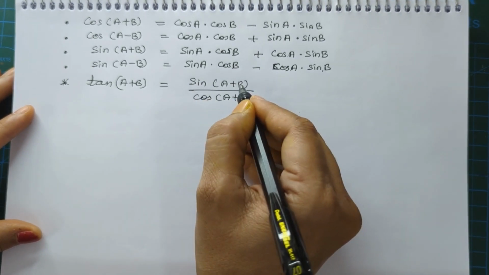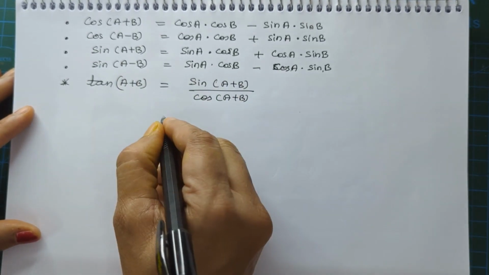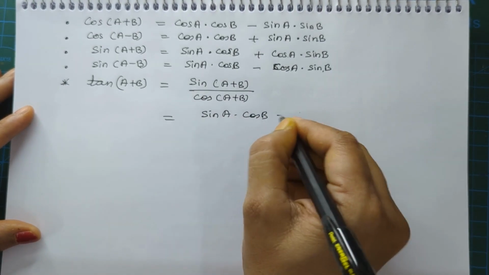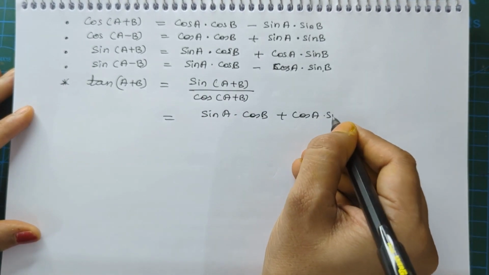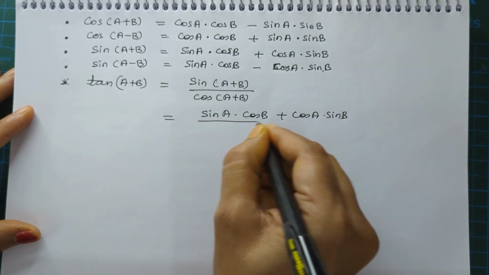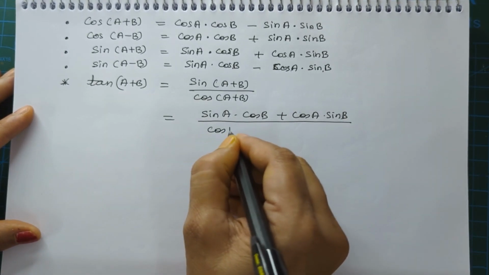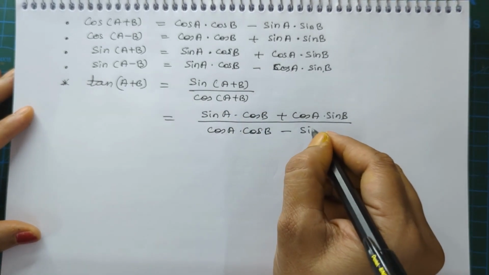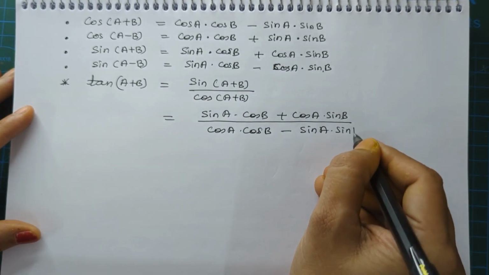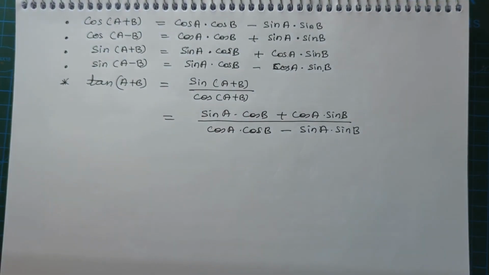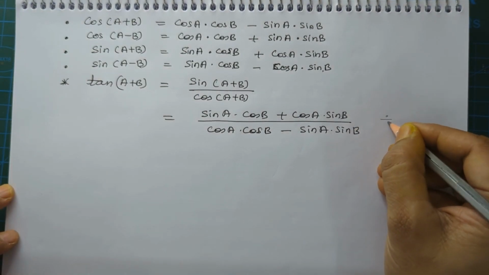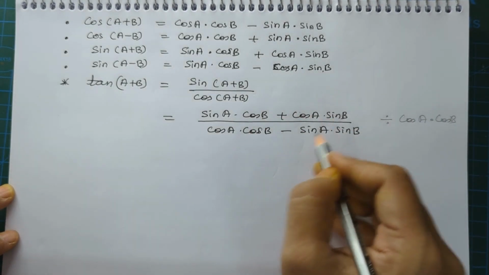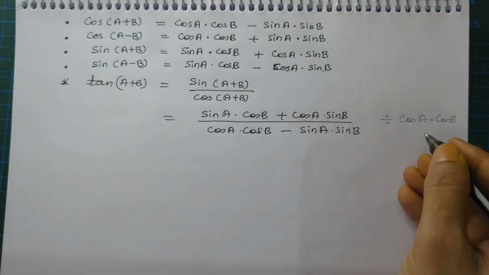By this time we know the identity for sin(A + B). Sin(A + B) is sin A cos B plus cos A sin B. And cos(A + B) is cos A cos B, if plus is here, we go for minus sin A sin B. So these two formulas we have already derived. Now we'll do a common operation. To the numerator and denominator, we will divide by cos A cos B. Divide all the four terms of numerator and denominator by this.